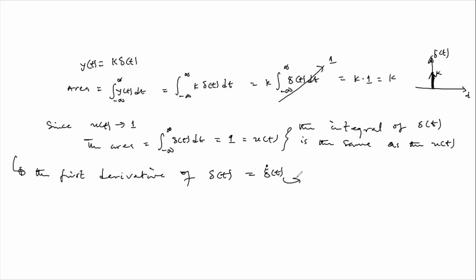This is referred to as the doublet function, such that d dt of the unit impulse is the same as the doublet.